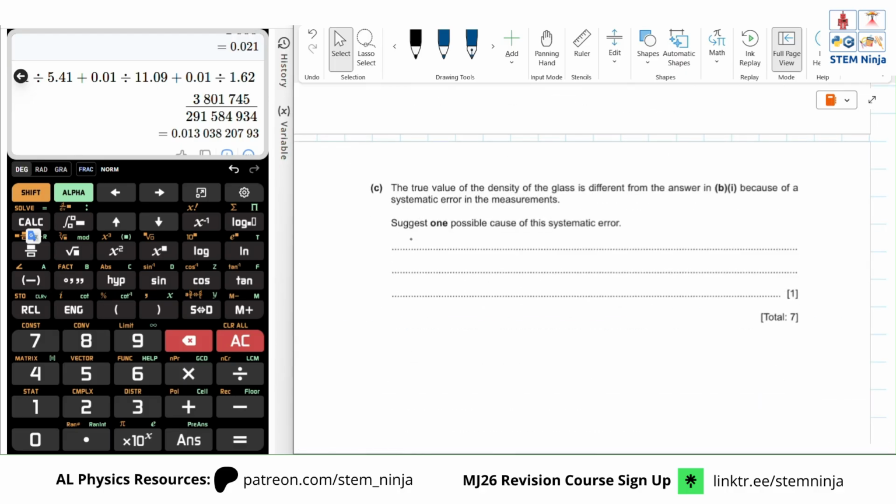So you could say that improper or incorrect calibration of, since we need that, so we could use the mass balance or vernier calipers.